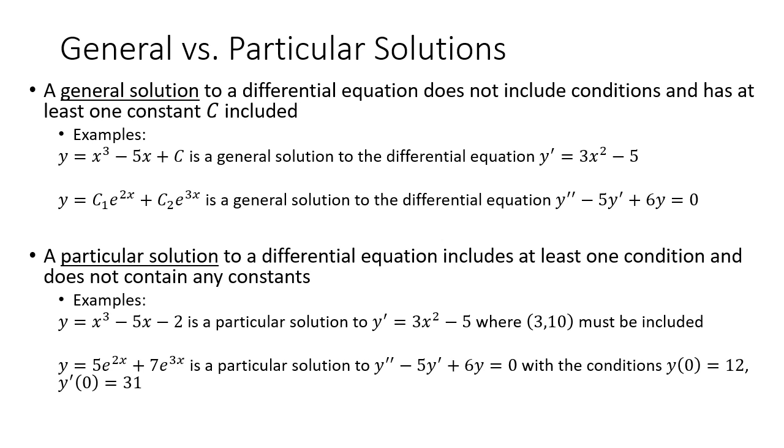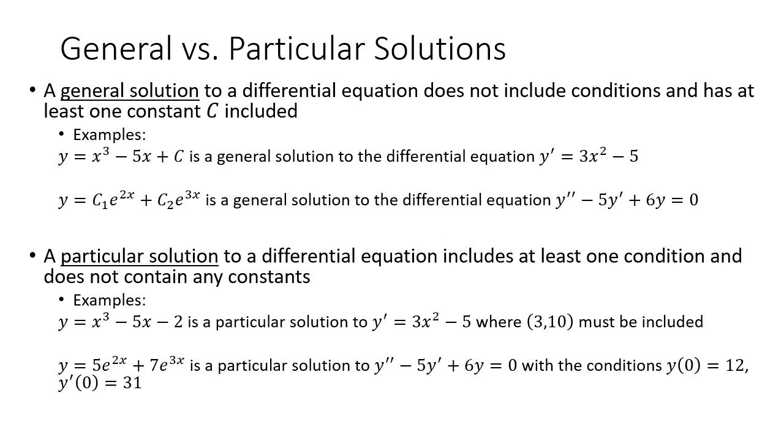On the other hand, if you look below, if we take the differential equation y double prime minus 5y prime plus 6y equals 0, we need two conditions to get a particular solution. For this example, we have y of 0 is equal to 12 and y prime of 0 is equal to 31. Inserting those two conditions gives the particular solution, again, this is a particular solution, y equals 5e to the 2x plus 7e to the 3x.